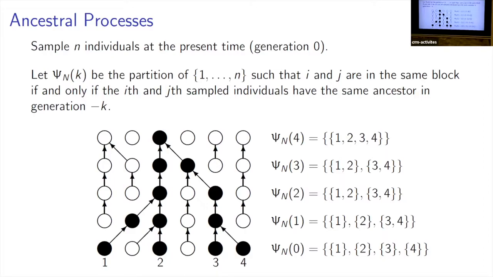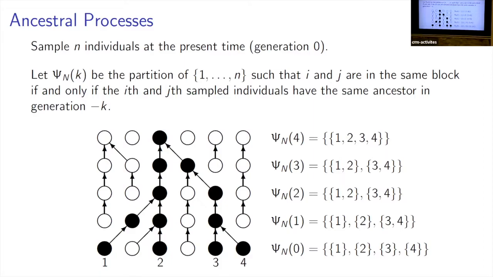So we will let Ψ_n(k) be the partition of the integers 1 through n, such that 2 integers i and j are in the same block of the partition if and only if the ith and jth sampled individuals have the same ancestor when we go k generations back in time.